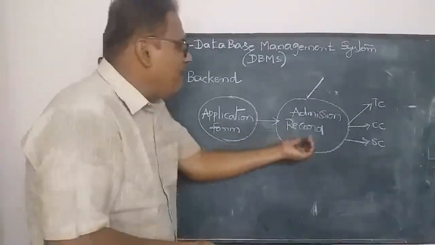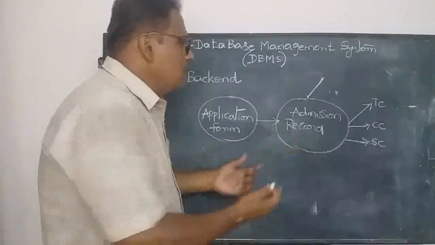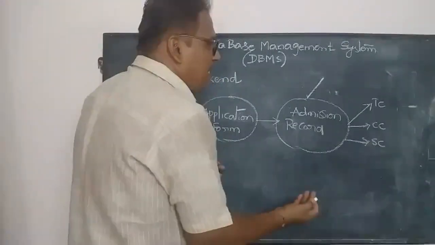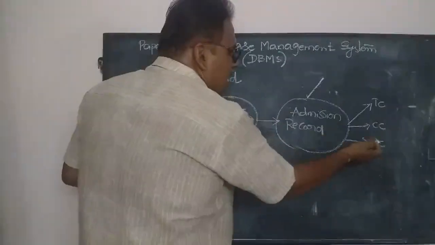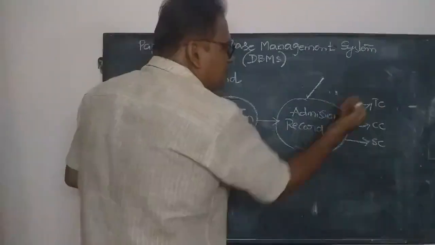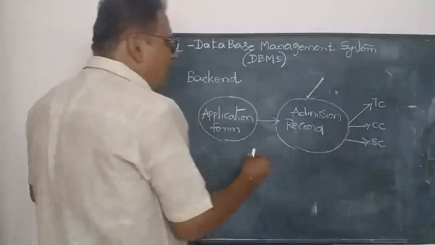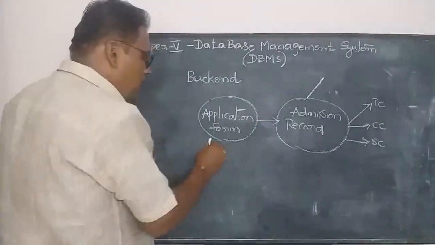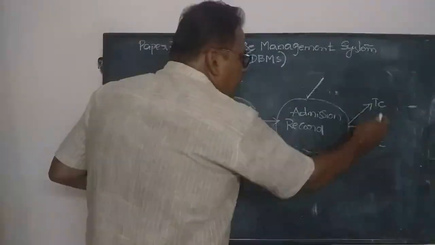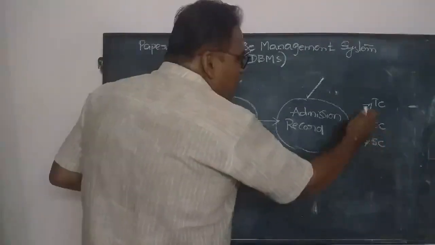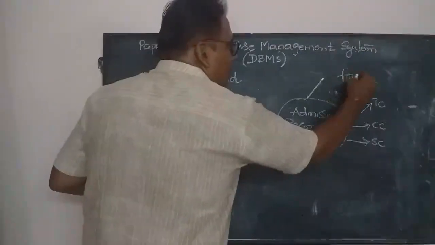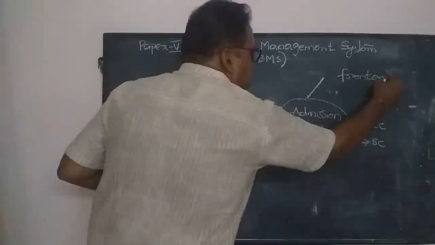What is the purpose of a backend? After completion, various reports will be generated. For getting those reports, data is transferred from this admission record. So here, the admission record is a backend, and your application form and the reports which are produced from the college are called the front end.